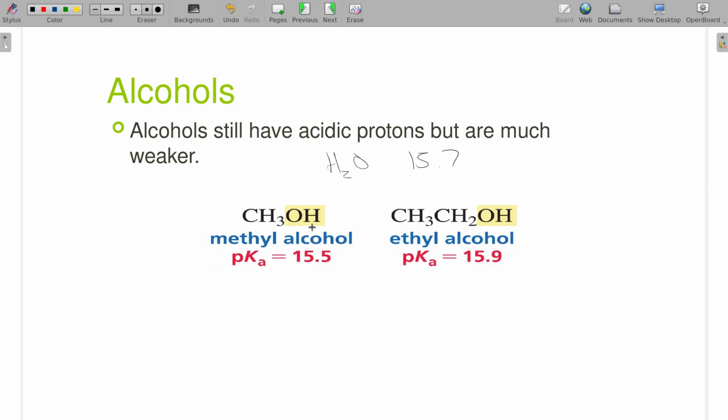That's what we're talking about here. Very little is being produced. It's right on the edge of not even being considered an acid, but it is right there at that edge. So we can call this a very weak acid without too much difficulty, and we can safely say that all alcohols have a pKa right around 15.